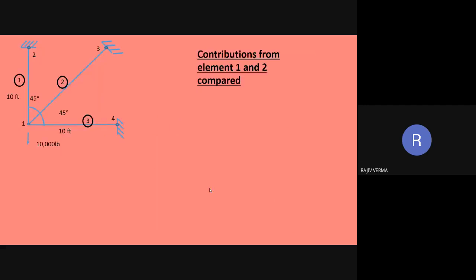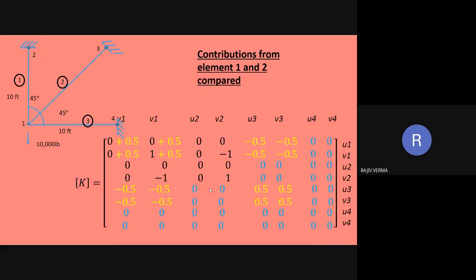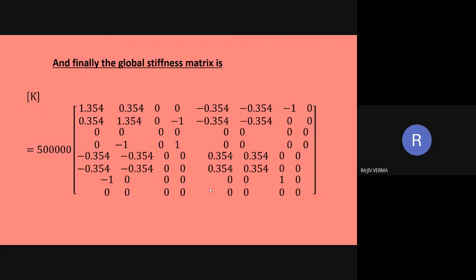So what we finally get is a matrix of size 8 by 8. This is the final global stiffness matrix indicated by capital K.